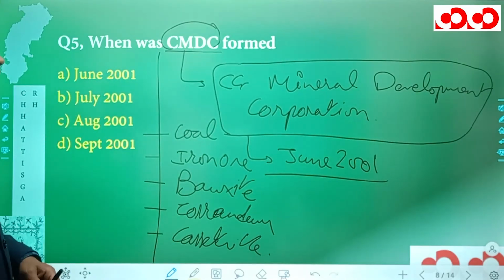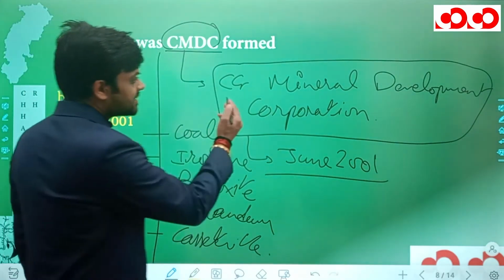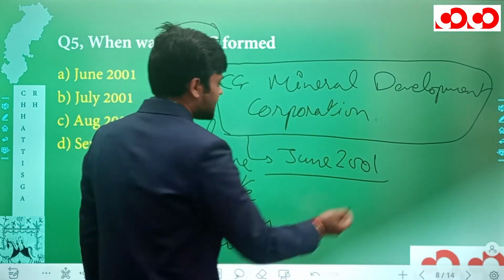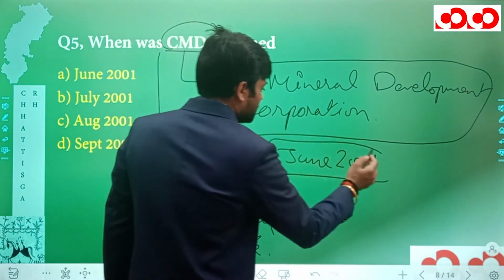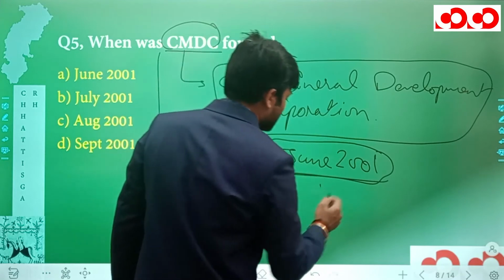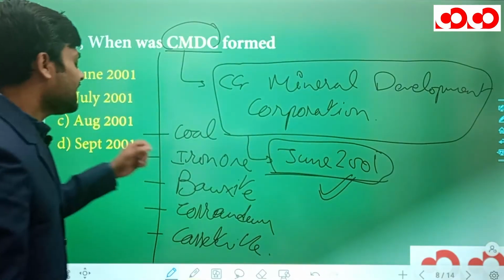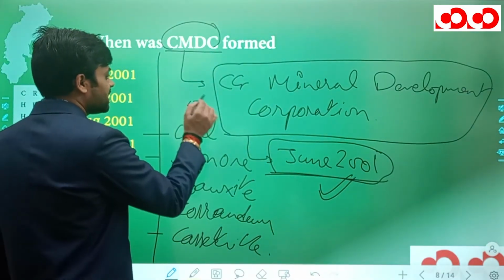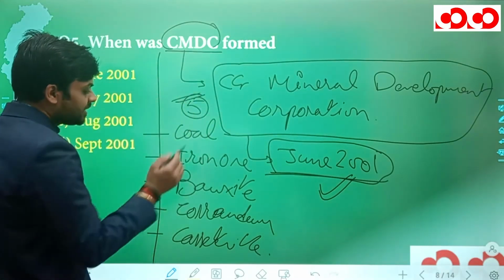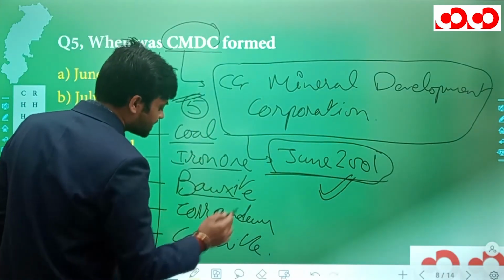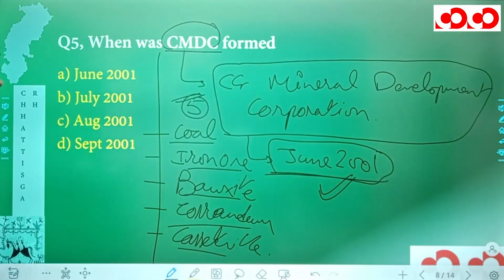So I have told you this CMDC, Chhattisgarh Mineral Development Corporation, was actually formed in the month of June in the year 2001, and there are actually 5 projects which are going on in Chhattisgarh, and the projects are coal, iron ore, bauxite, corundum, and cassiterite.